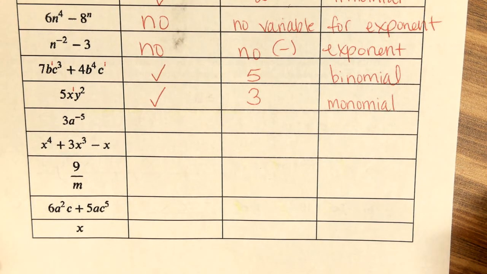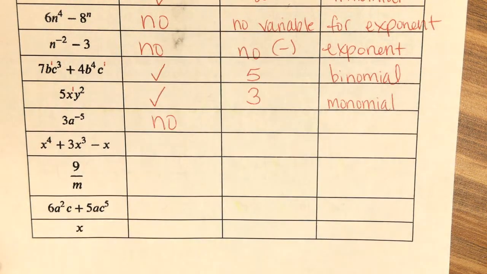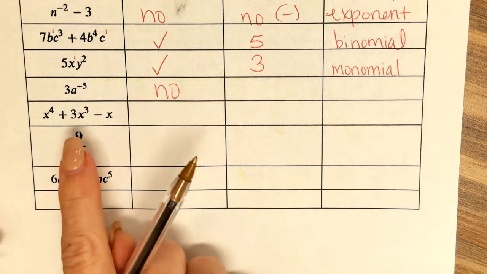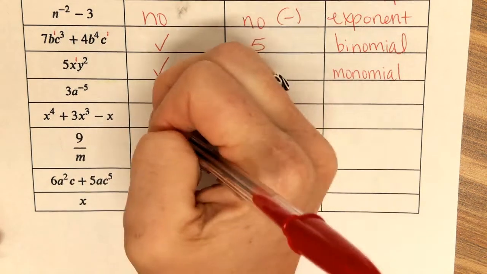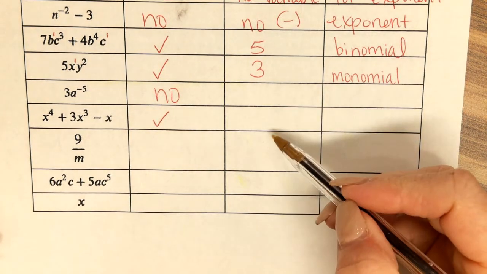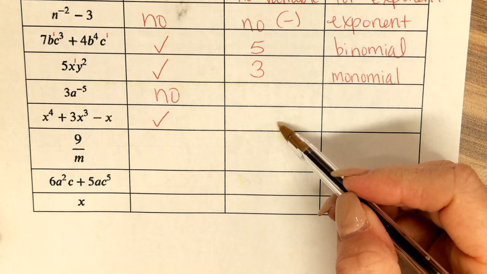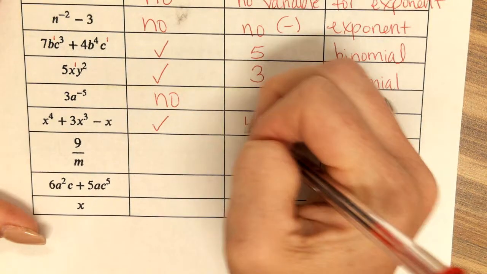Okay, the next one. Is it a polynomial? No. Why not? No negative exponent. You don't have to write it because you've already written it if you don't want to. How about the next one? Yes, it is. What's its highest degree? 4. Remember, you take the highest degree of the highest term. So 4.